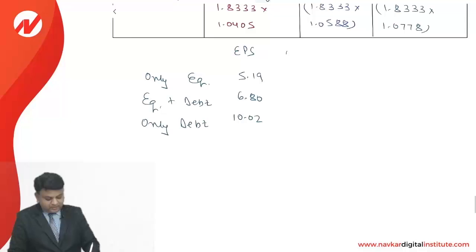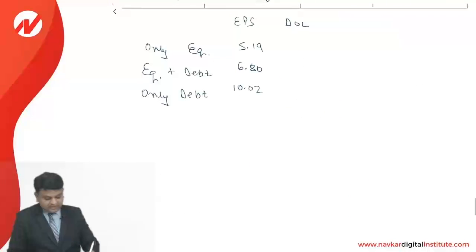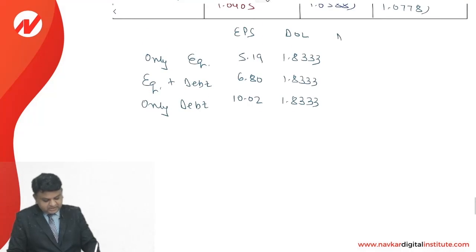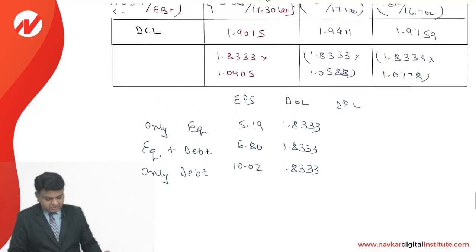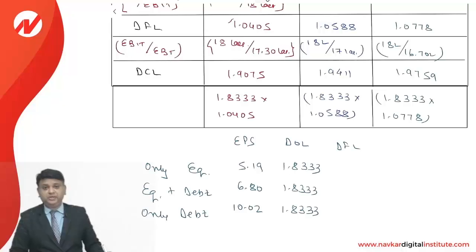DOL, degree of operating leverage, is same for all of them, 1.8333. Next is degree of financial leverage. Of course it is going to be the lowest in case of only equity financing and highest in case of only debt financing.